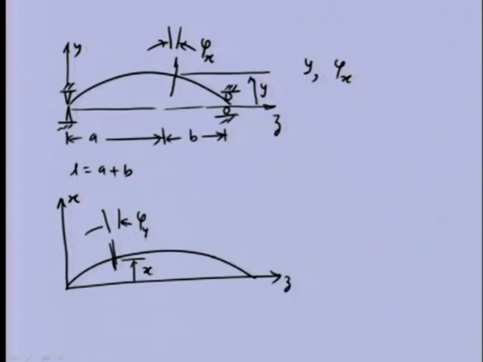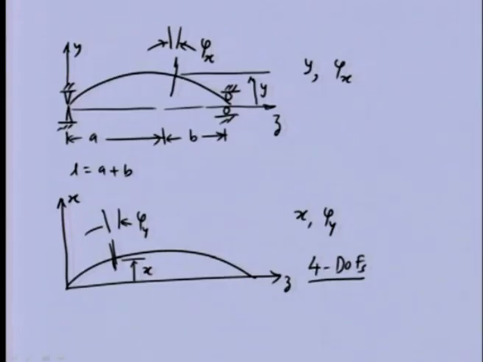So, in this case we will have another two displacements to define the position of the disc. So, now we have a total 4 degree of freedom system, and we will get 4 equations of motion corresponding to these directions.